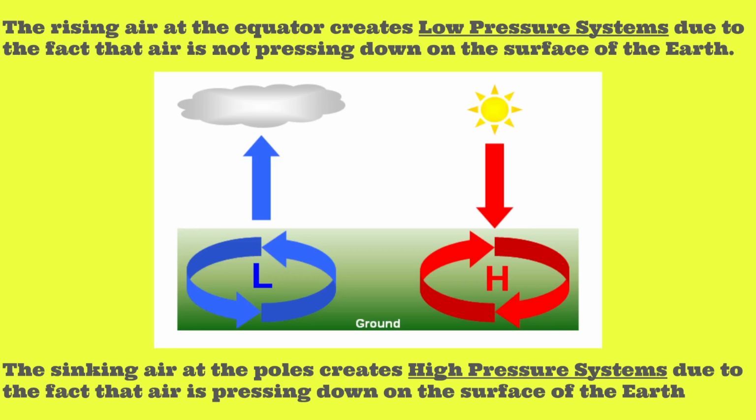This air is less dense and rising up, therefore it is not pressing down on the surface of the earth. The opposite applies to a high pressure system, because the sinking air from the poles, because it's more dense, is going to apply pressure down on the surface of the earth because it's sinking.